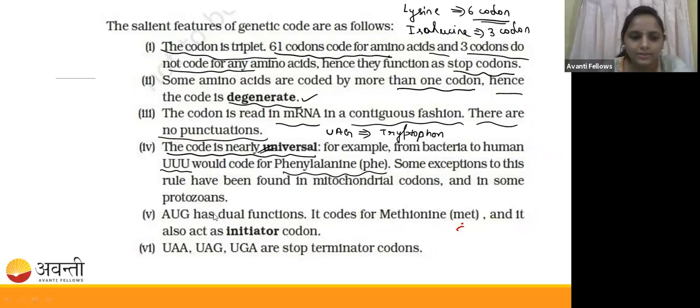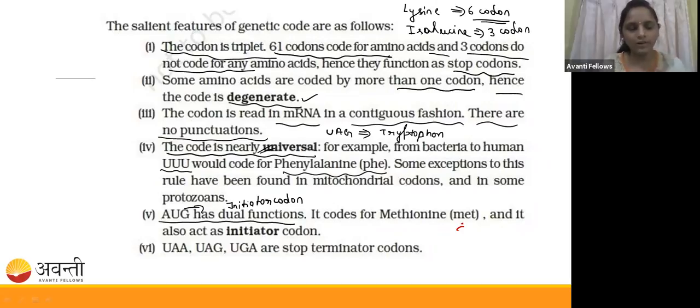Okay, now next we can come to the AUG. AUG is the initiator codon. We know that, right? This AUG has two main functions. It acts as the initiator codon, initiating the translation.